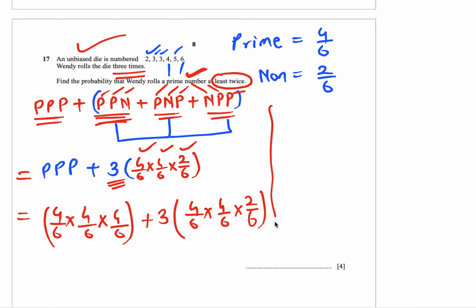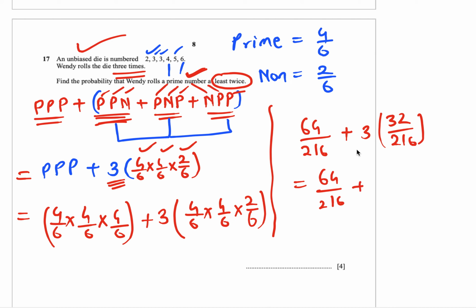Okay, so now this is the line. So 4 into 4 into 4 is 64 by 6 into 6 into 6, that is 216, plus 3 times, here 4 fours are 16, 16 twos are 32, and here again 6 6 6 is 216. Okay, so now 64 upon 216 plus 32 threes are 96 upon 216.